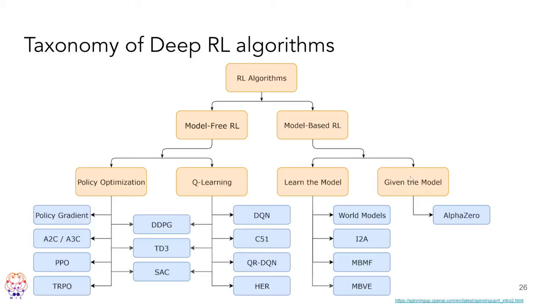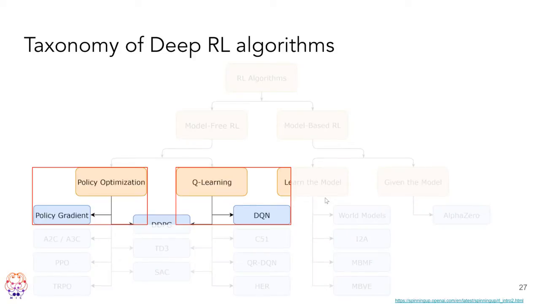Some examples are like AlphaZero, and we can either learn the model or we're given a model. I would suggest learning the model, because it's often very time-consuming to design a model, and that's what my research is focused on, is learning models. All right, so we'll talk about these two.